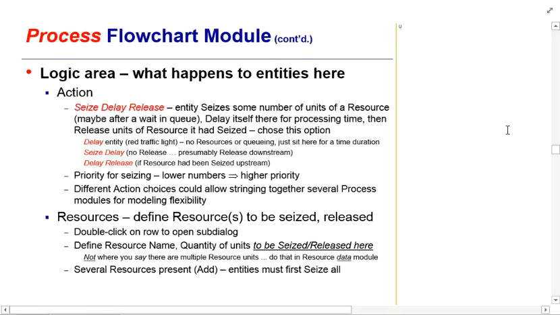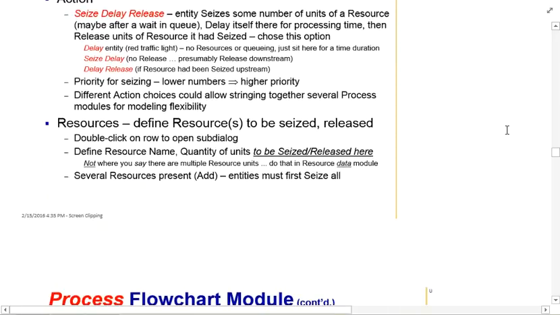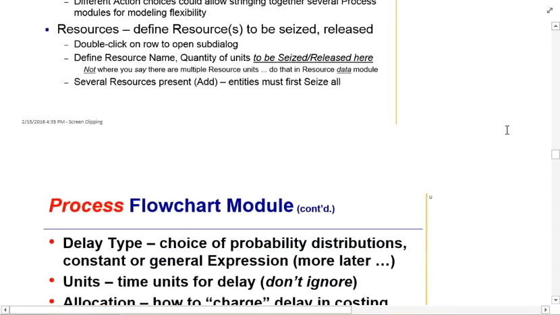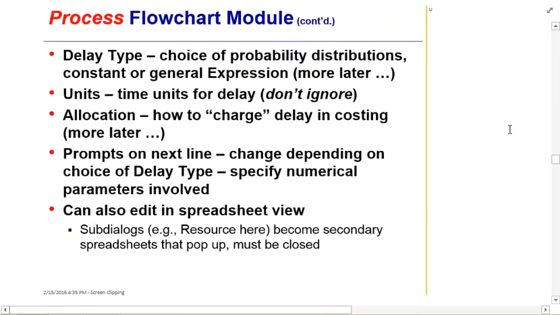And then the resources, again, you can have multiple resources, you can have multiple quantities of a resource. I use my drill press example. I could have multiple drill presses and then manage it that way. So it's sort of one batch of drill presses, if you will, that would just take the work as it comes, looking at it as one process.